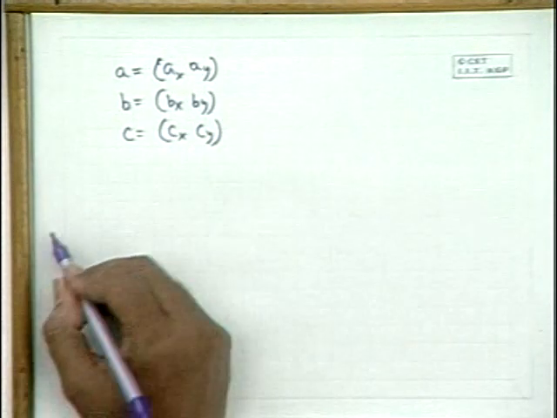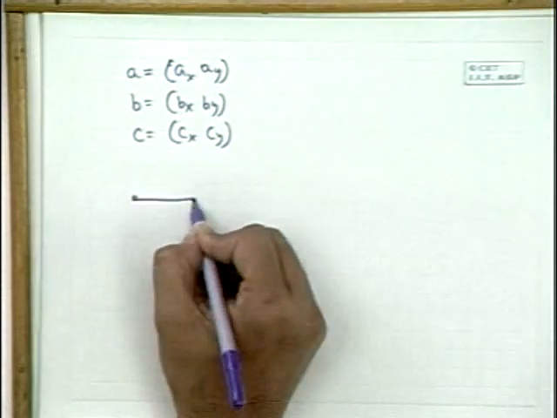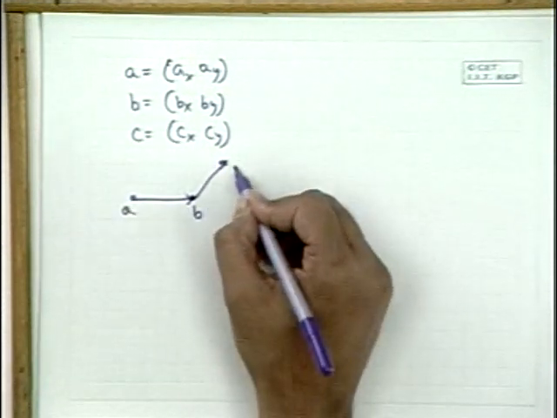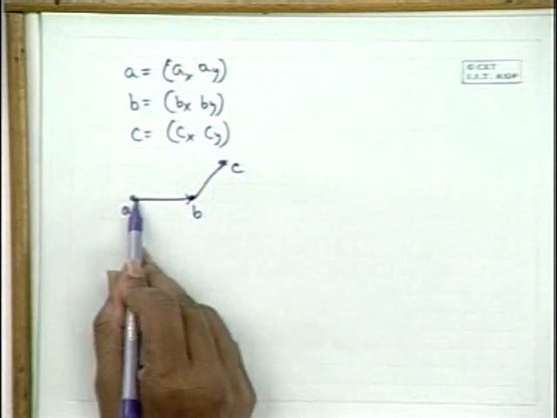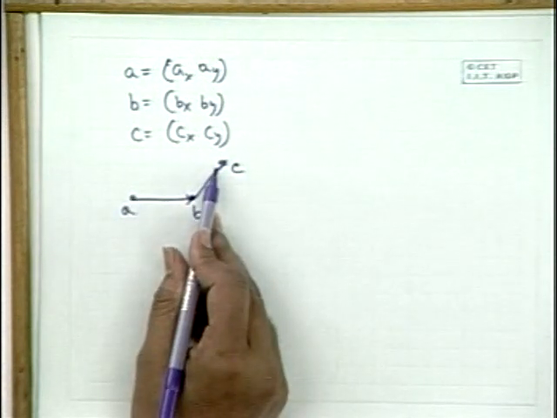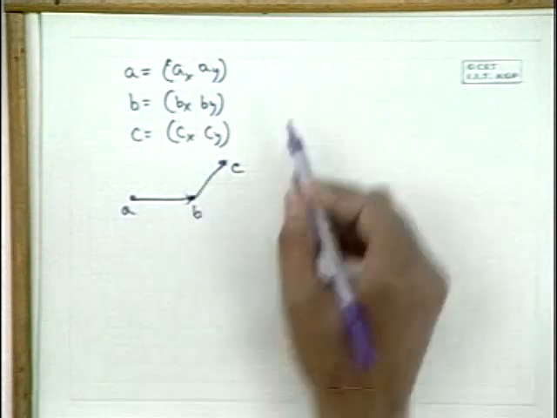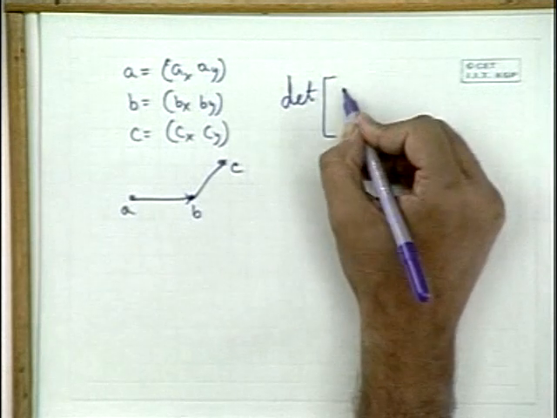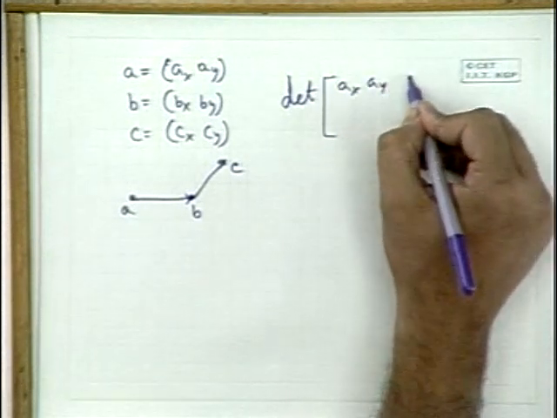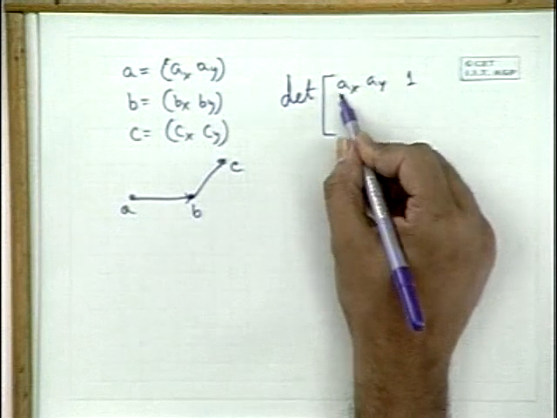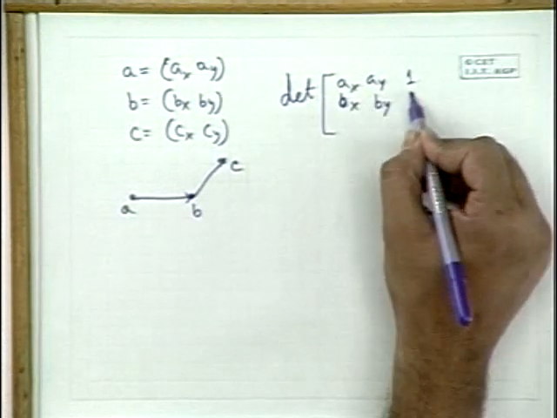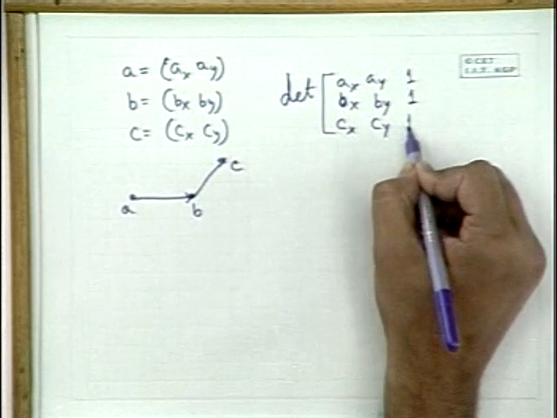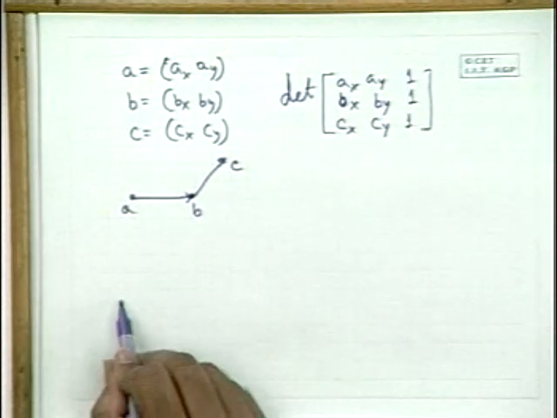Say this is A, this is B, this is C. I need to know whether A, B, C makes a left turn or a right turn. So if you compute this determinant with rows ax, ay, 1; bx, by, 1; cx, cy, 1, compute this determinant.